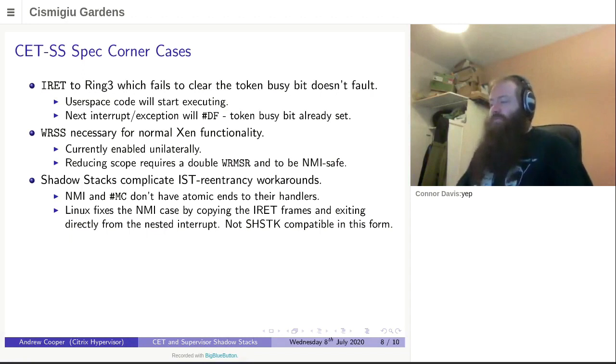Linux has a bit of a bigger problem because perf is available to user space, which means unprivileged code can easily control when and where NMI is hit. So they have found real bugs from this. There's some insanely complicated logic to detect this case and unwind the stack safely, but it involves exiting from the nested handler directly out to user space, and that is not compatible with shadow stacks in their current form. I do not envy the task of whoever has to try and figure out how to fix that one up.